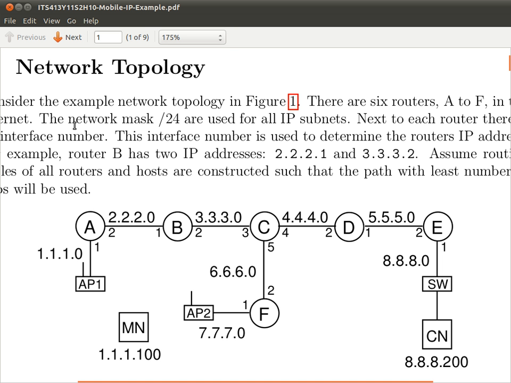One thing that a foreign agent may be configured to do is always send route advertisements. So F is periodically broadcasting a route advertisement. This is an IP subnet broadcast message.